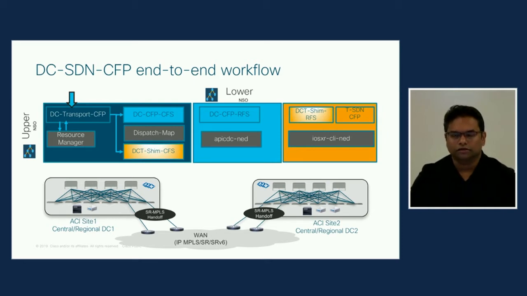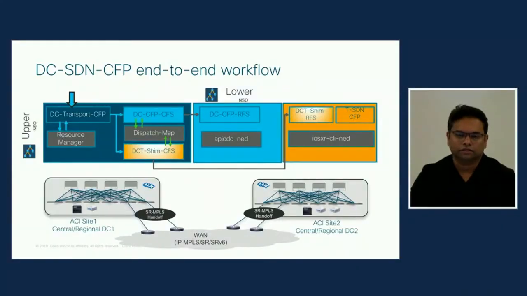So these are the CFS, the customer facing services in the upper NSO. They will consult the dispatch map, figure out the affected devices, and the dispatch map will tell them the lower NSO instances that are managing these devices. The service requests are dispatched to the lower NSOs.